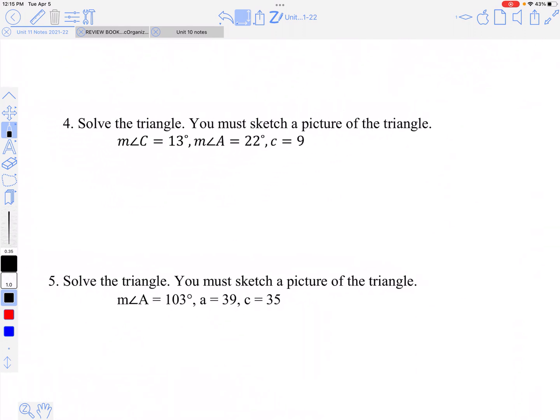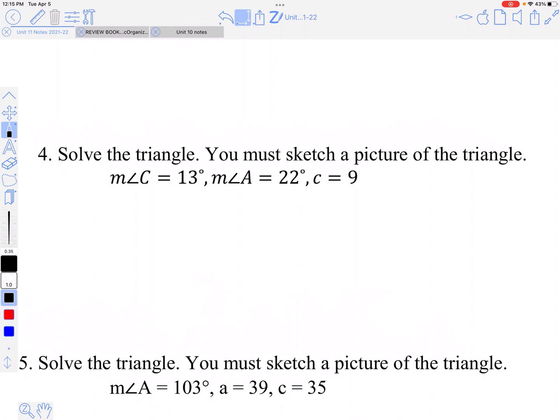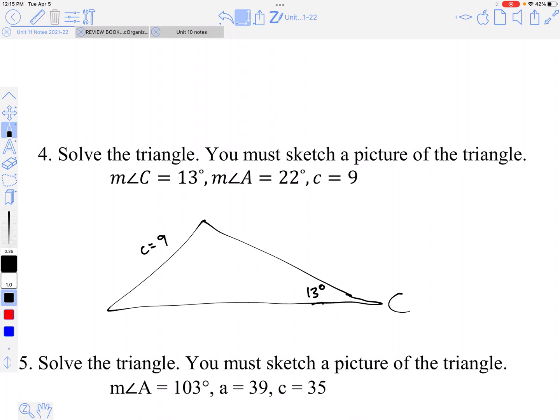Okay, so let's do a few more examples. So solve the triangle, and you must sketch a picture of the triangle. Okay, so I know it's not a right triangle because 90 plus 13 plus 22 does not add up to 180. So I know it's not a right triangle, so I'm not going to draw a right triangle. Okay, angle C is 13 degrees. Side c is 9.